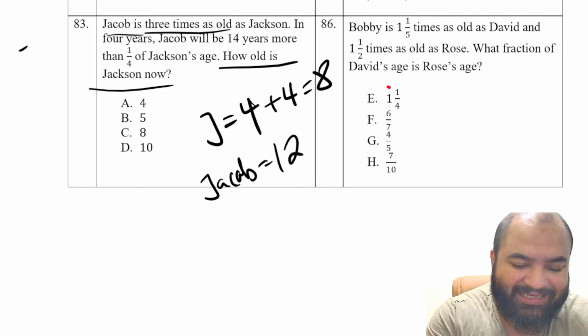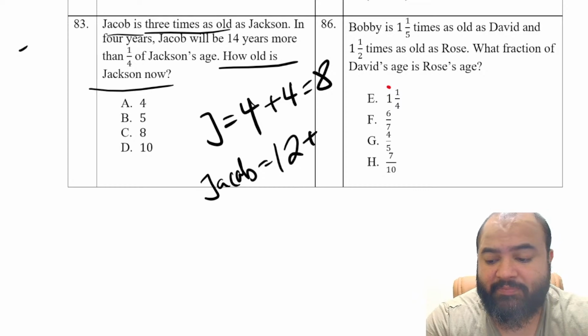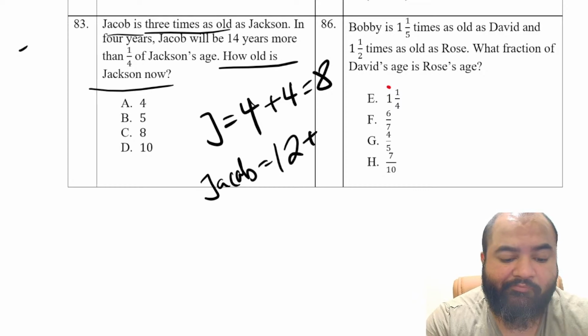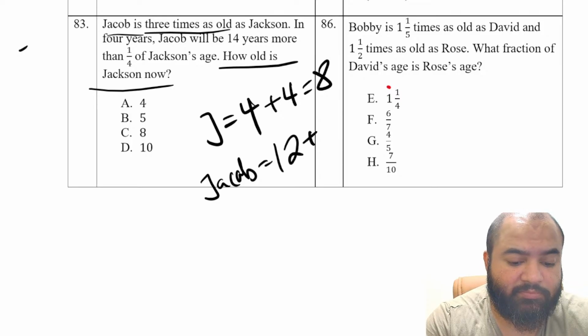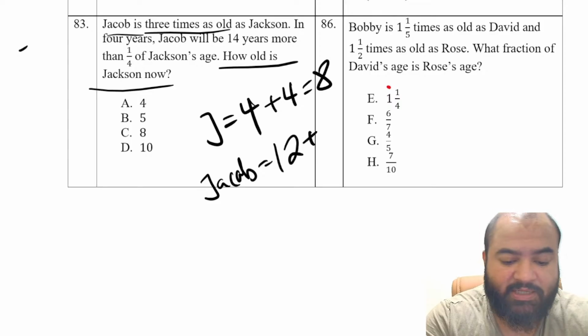So that's 8. How old will be Jacob 4 years later? Somebody tell me. 16? Good.